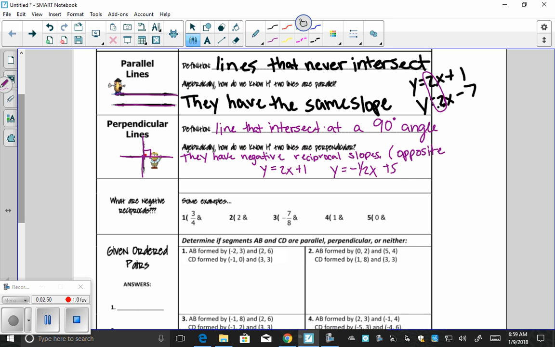So what are negative reciprocals? Well, a negative reciprocal is a fraction flipped and the sign is switched.